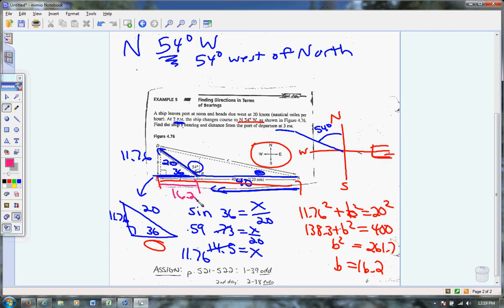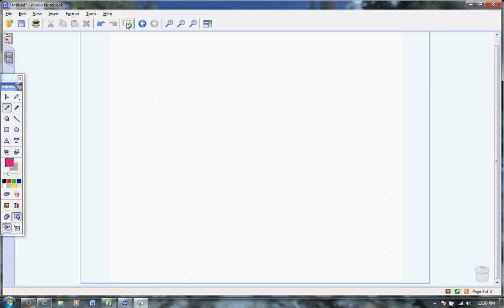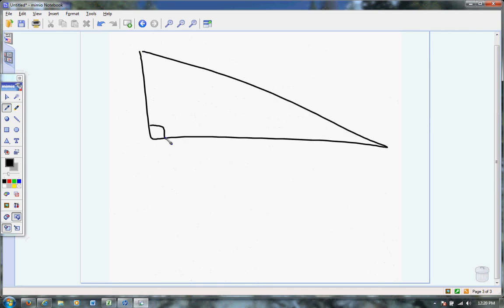And I've got everything that I need to finish the problem, because I know that this thing from here to here is 40, and I know that this thing is 11.76. So I draw a new triangle. That one was very messy. This is what I'm looking for. This is 11.76. It's supposed to be a point.